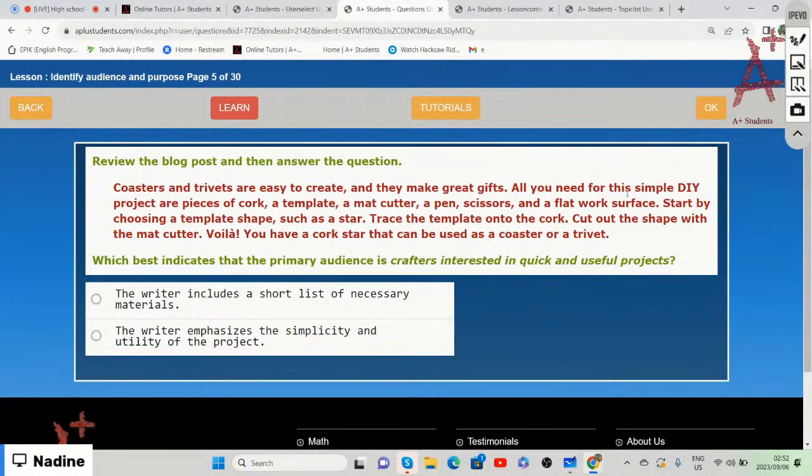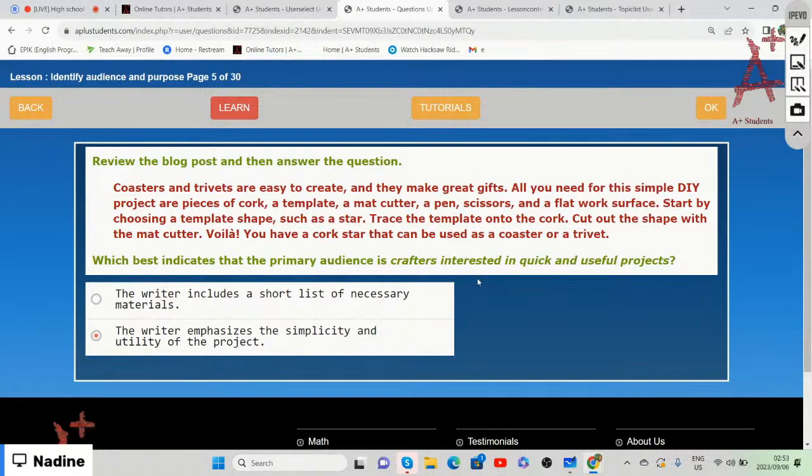All right, the same blog, which best indicates that the primary audience is crafters interested in a quick and useful project? The writer includes a short list of necessary materials, or the writer emphasizes the simplicity and utility of the project.